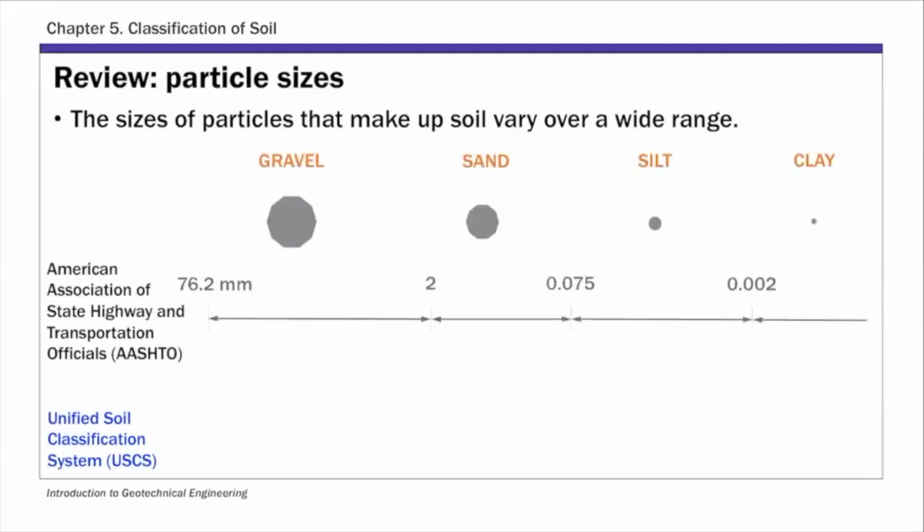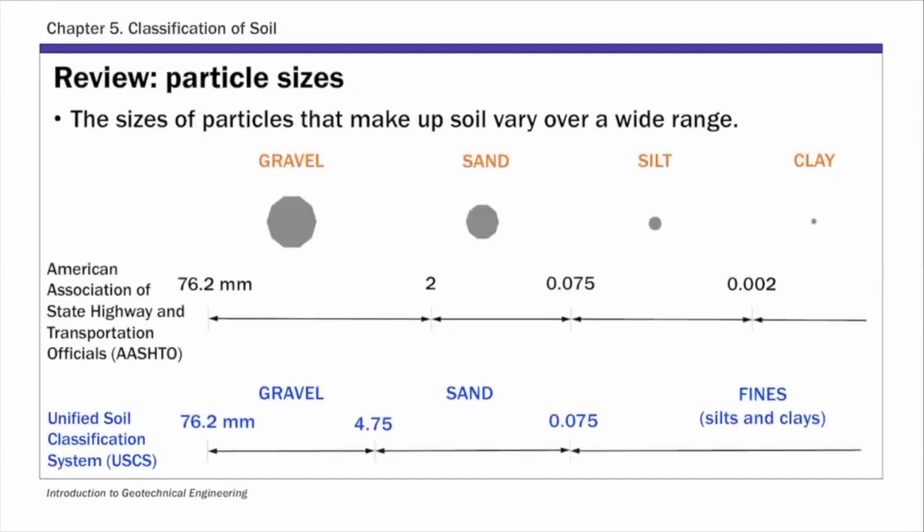The AASHTO system and the USCS system use different particle sizes to classify soils into gravel, sands, and fines, or gravel, sands, silts, and clay. For our course, the USCS system is required.